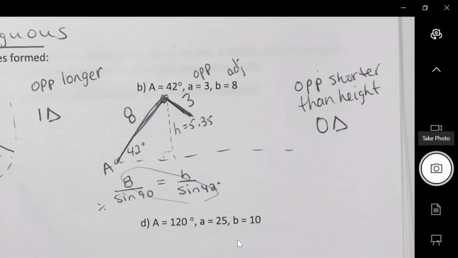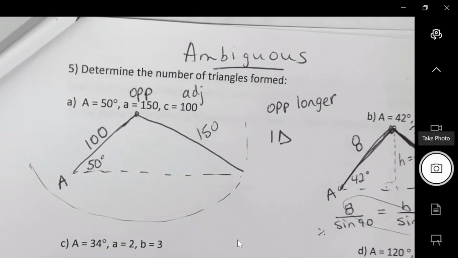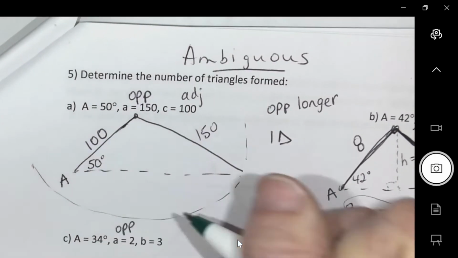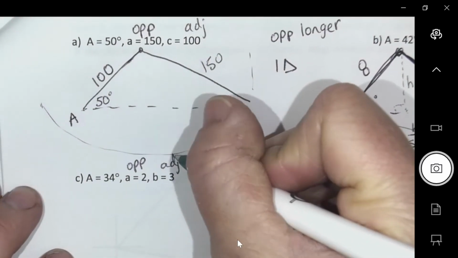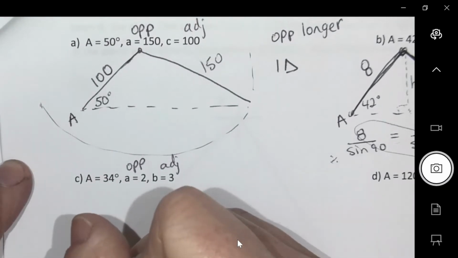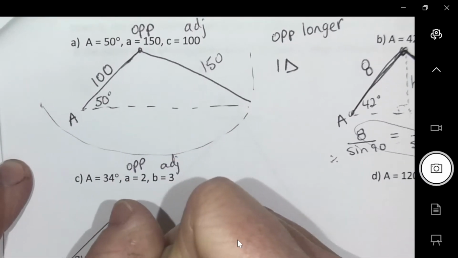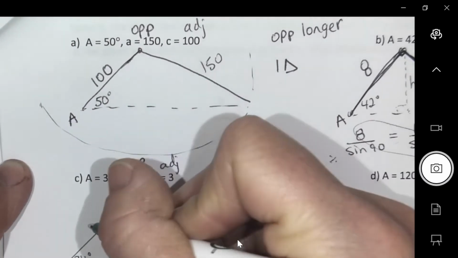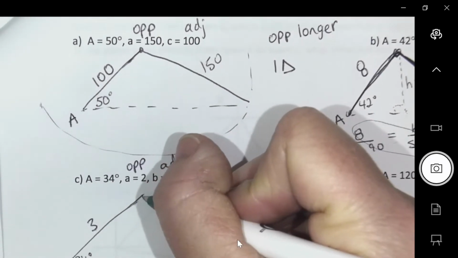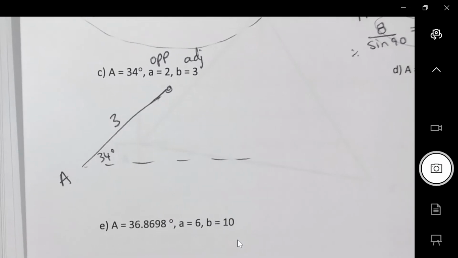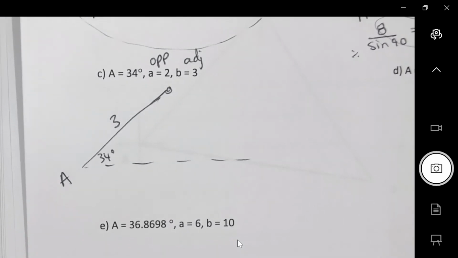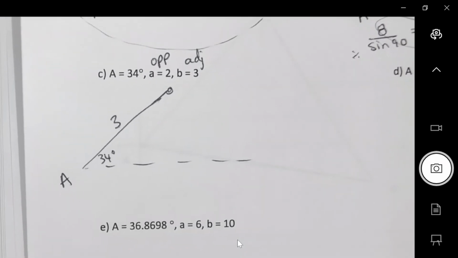Okay, next question. Okay, so this is opposite. Therefore, this is adjacent. Okay, 2 is shorter.